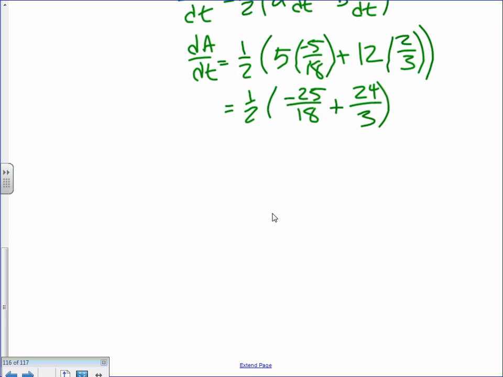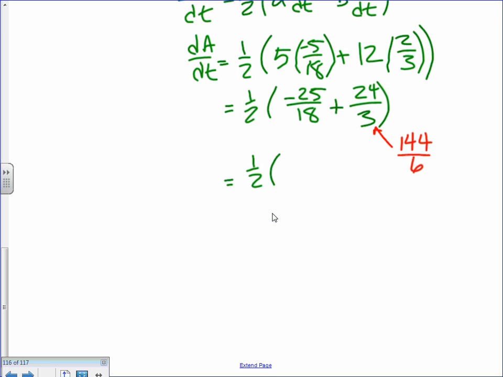24/3. Okay, so I can actually convert the second fraction to be over 18. Let's do that so we can combine them. This is going to multiply by 6 on the top and on the bottom, and it's going to become 144. So when I combine them, I get 1/2 times, now if you just use your calculator at this point, that'd be more than okay.